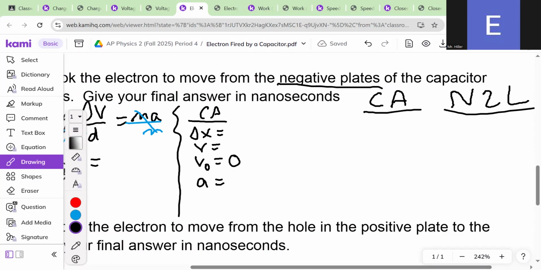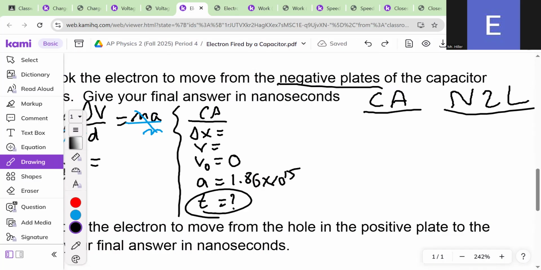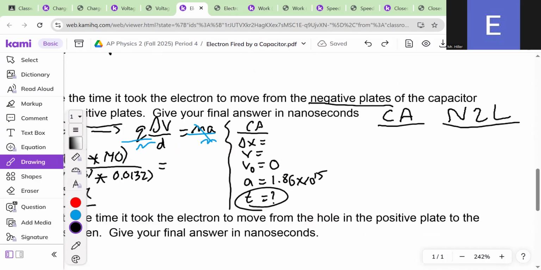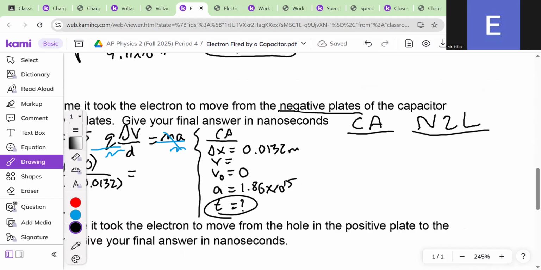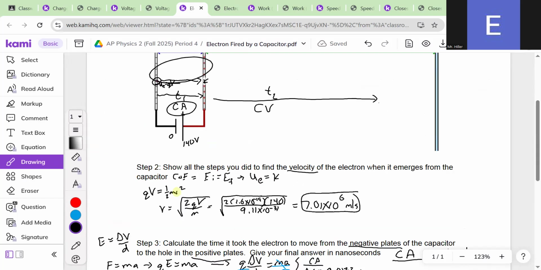A, which you just found, 1.86 times 10 to the 15, in my case. And T, which is what you're looking for. Now, delta x, I claim you know that. That's the distance across, which in my case is 0.0132 meters. It's this distance right here across the gap.